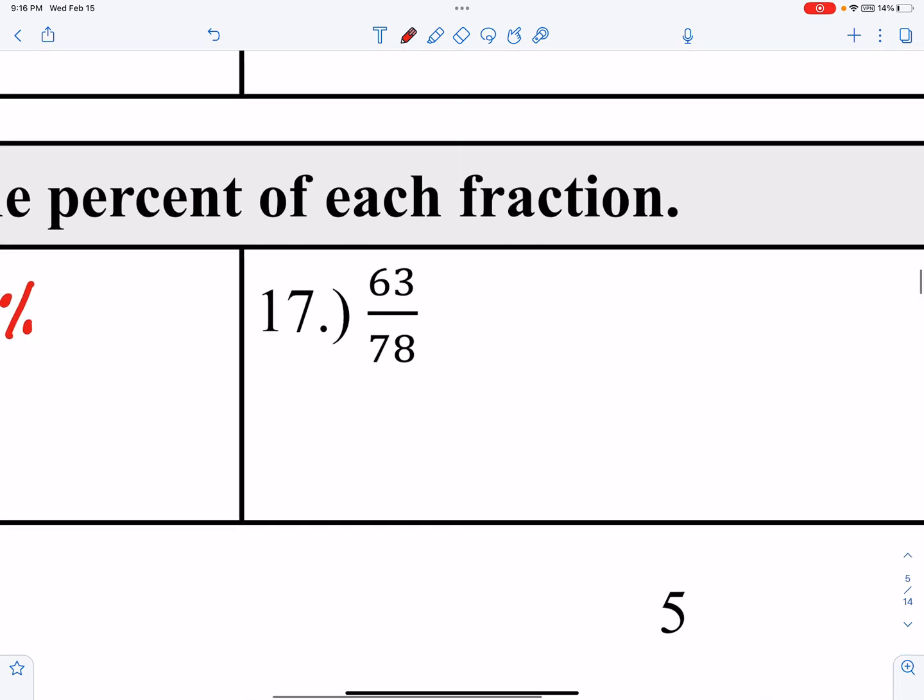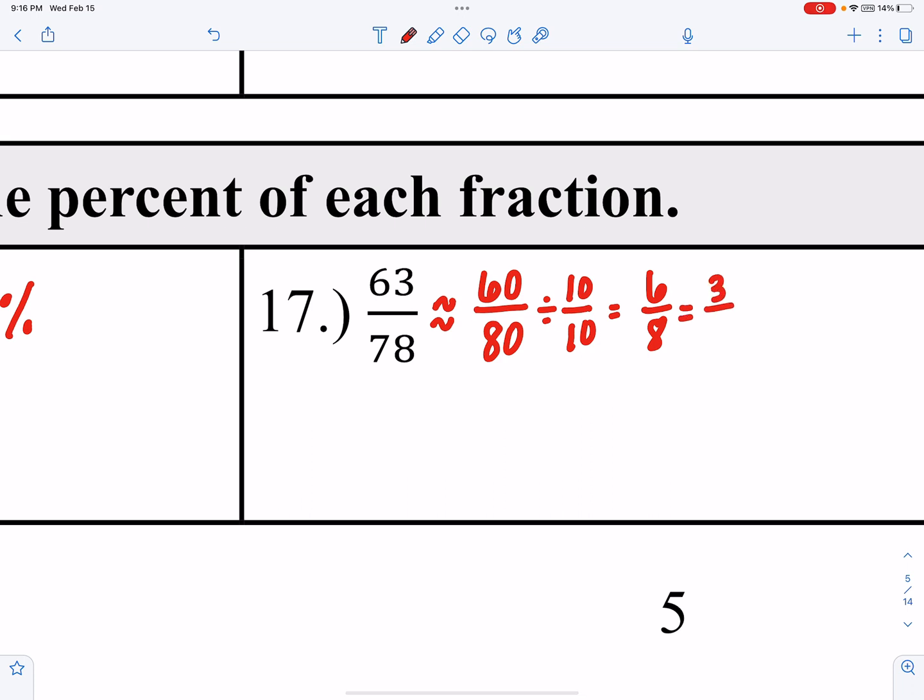So let's go ahead and look at this one. We have 63 divided by 78. So I want to come up with some compatible numbers. Okay, so approximately this is, let's see, so 60 is pretty close and 80 is pretty close. And that's something easily I can simplify in my head since they're multiples of 10s. And we get 6/8, which also, if we divide by 2 over 2, we get 3/4.